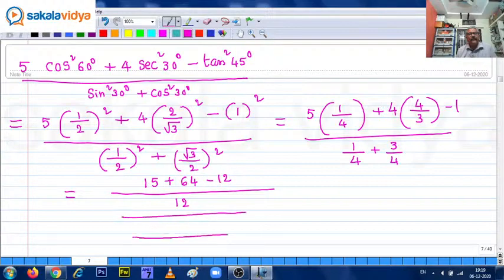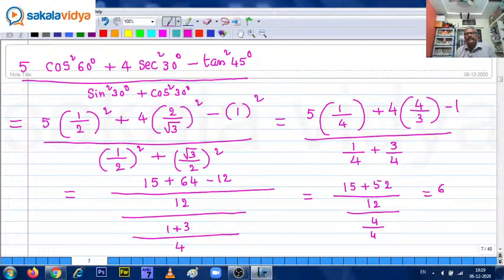Here, very interesting, the factor is 4 1 plus 3, so this will be 4 by 4, 1 itself only. This is 15 plus 64 minus 12. 64 minus 12 means 52, upon 12 by 4 by 4. This is 67 by 12 by 1. Obviously 67 by 12. This is the answer.